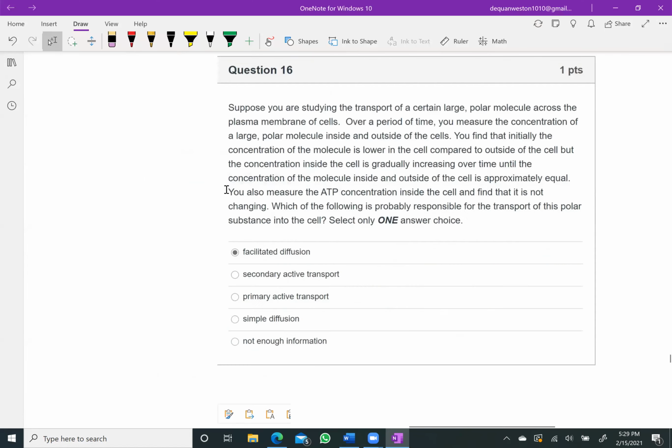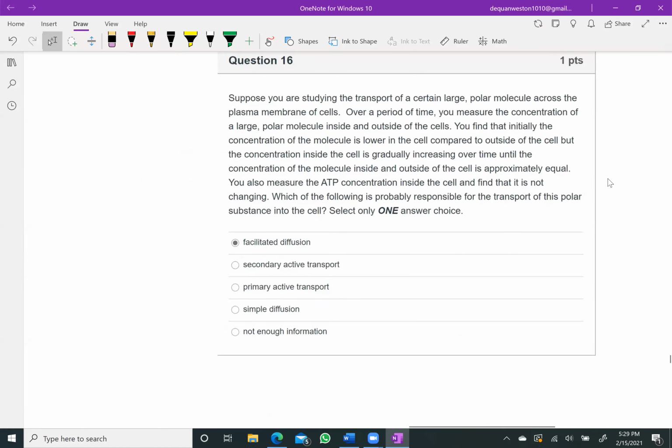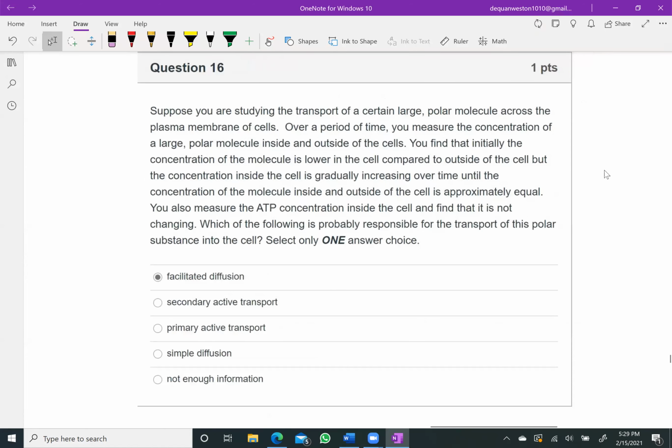All right, can everybody see my OneNote? Yep. All right, so we'll just read through this. Suppose you're studying the transport of a certain large polar molecule across the membrane of cells. Over a period of time, you measure the concentration of a large polar molecule inside and outside of the cell.